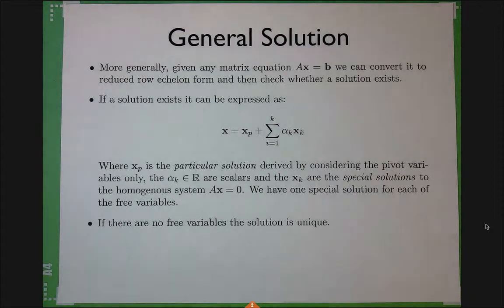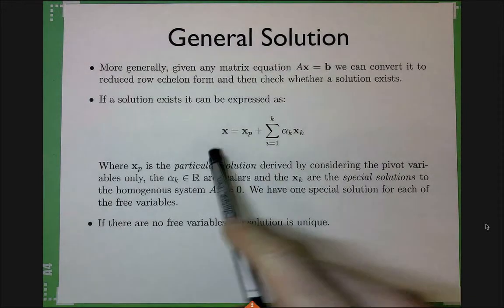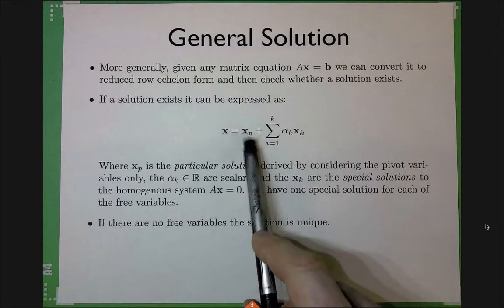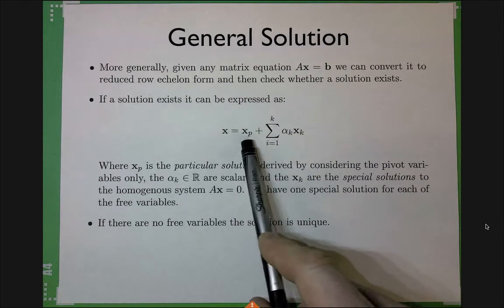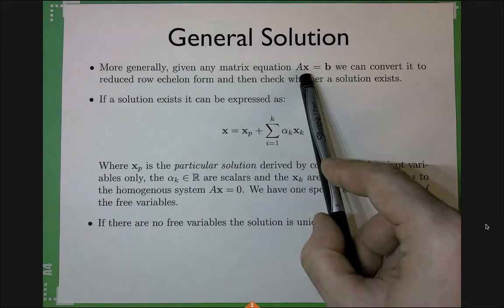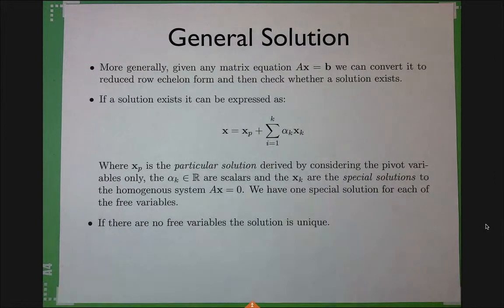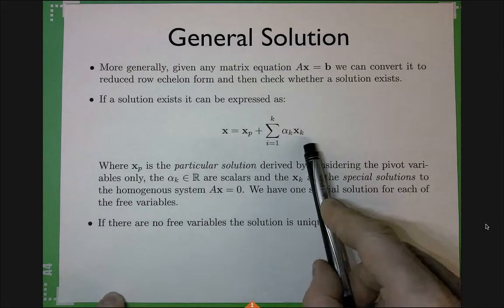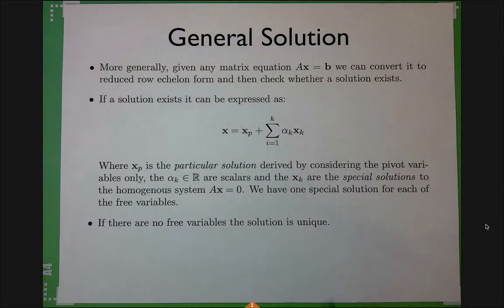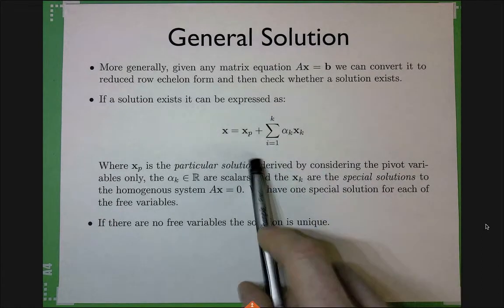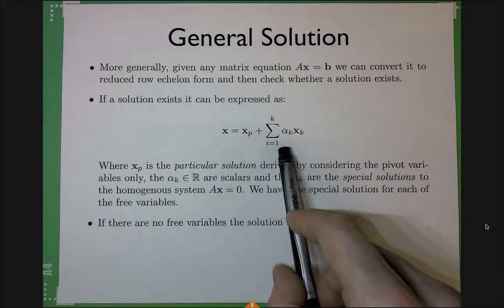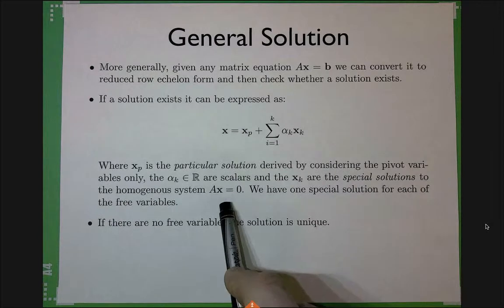But what we do know already is that if there is a solution, it can be written in this form. It can be written as the particular solution, which is just one solution, and then this sum of alpha k xk, that's exactly what I wrote on the previous example. That's the space of all the special solutions, all the solutions of the homogeneous system.